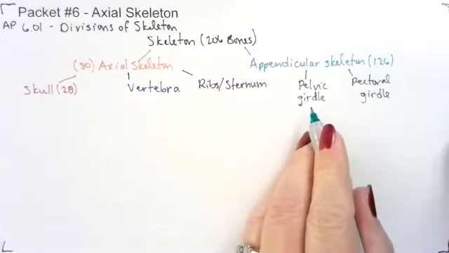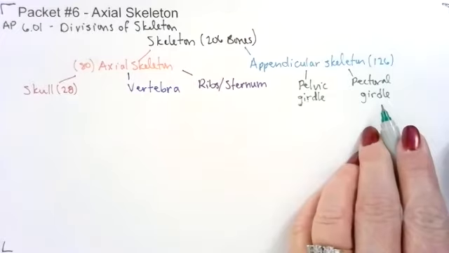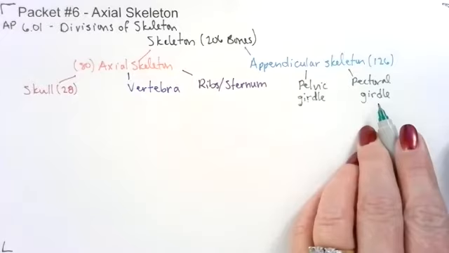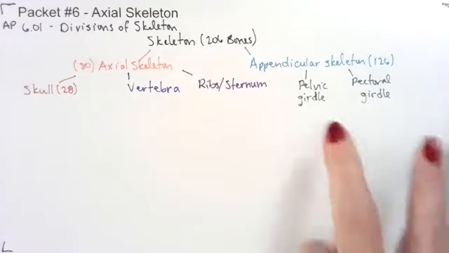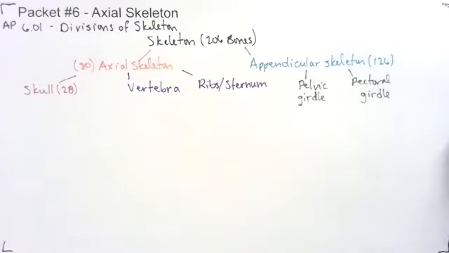So the pelvic girdle is going to be the pelvis, the upper legs, lower legs, ankles, feet, and phalanges. And the pectoral girdle is going to be the clavicle, the scapula, the upper arm, lower arm, wrists, and hands, phalanges, metacarpals, metatarsals. So this is the part we're going to leave off the table, but this is what we're going to focus on.